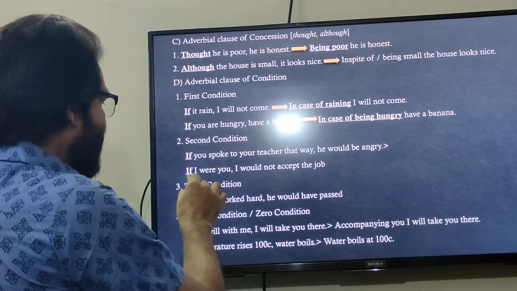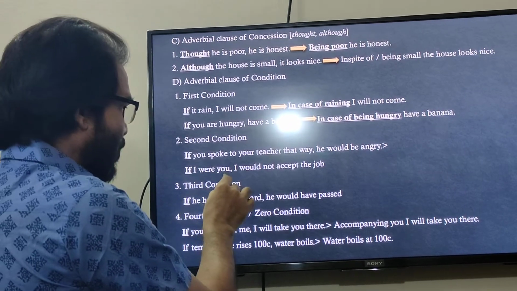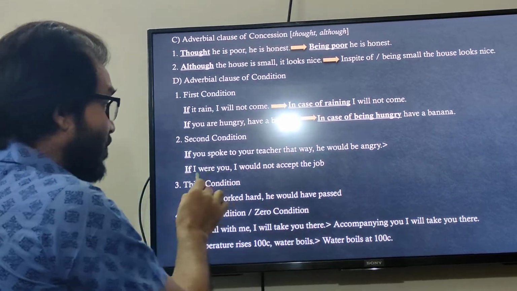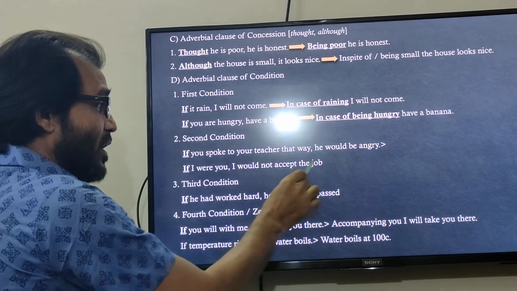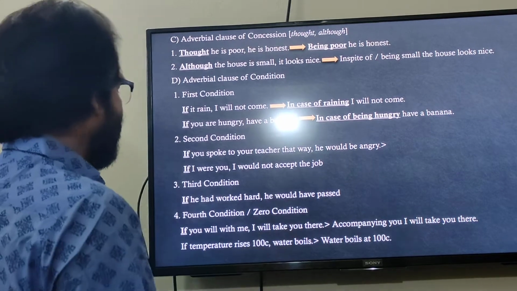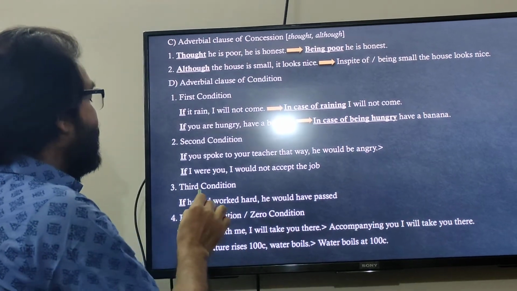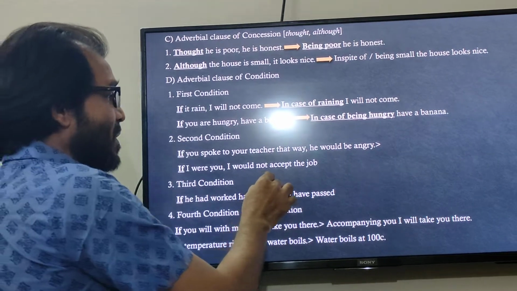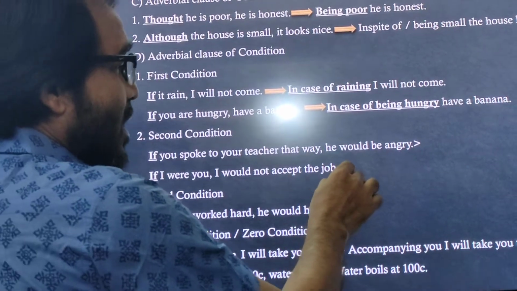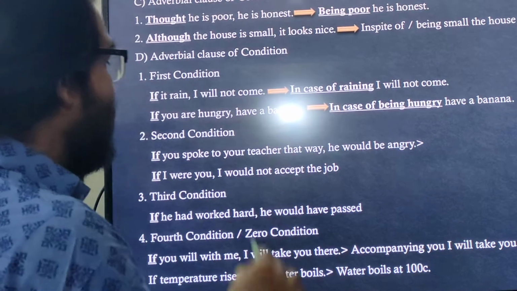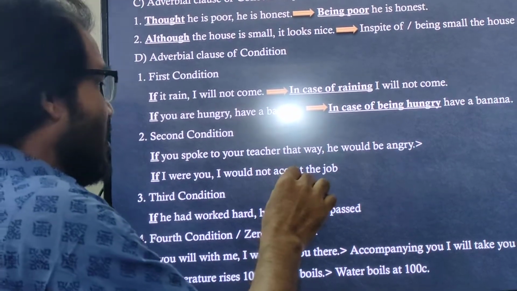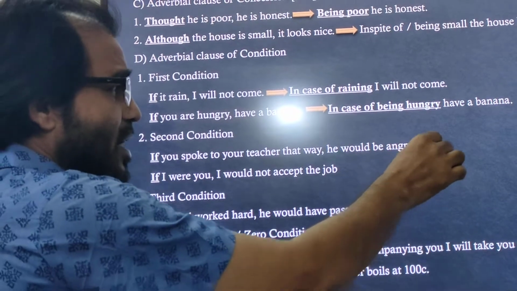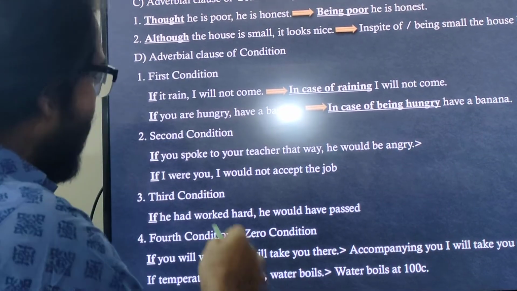Let us see another sentence: if I were you, I would not accept the job. These sorts of sentences are not usually asked to be transferred into simple sentences in the examination, so I did not mention the simple sentence.